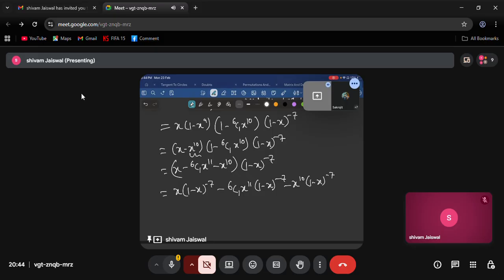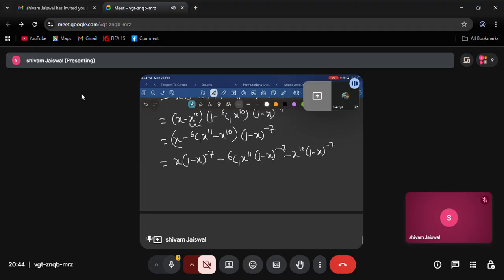Tell me. Now over here, whose coefficient we need? Over here, we need the coefficient of x to the power 13. 13, yes. x is already multiplied, right? Exactly. Over here, whose coefficient we need? x cubed. And over here, x to the power 4.